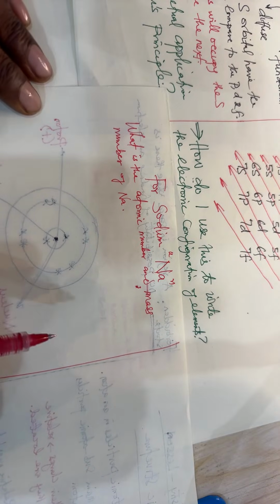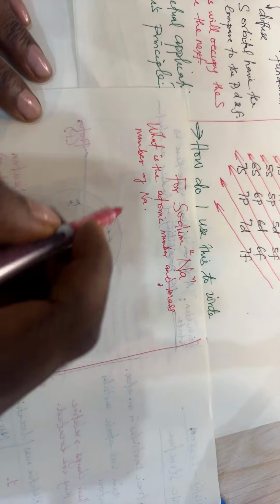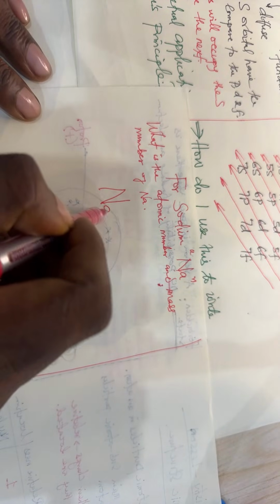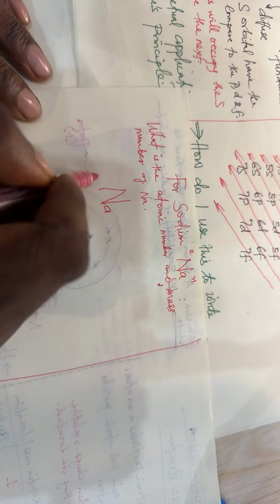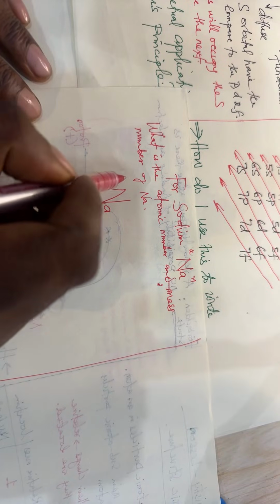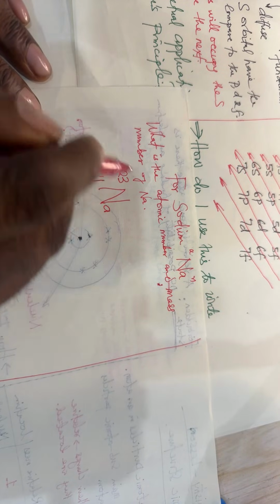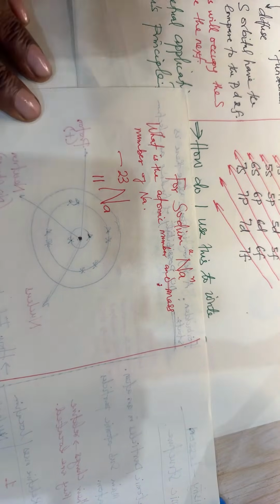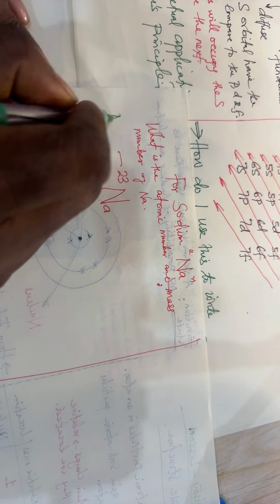Now the atomic number for sodium is, let me put it like this. Sodium has its atomic number to be 11 and the mass number is 23. This one on the top is what we refer to as the mass number.